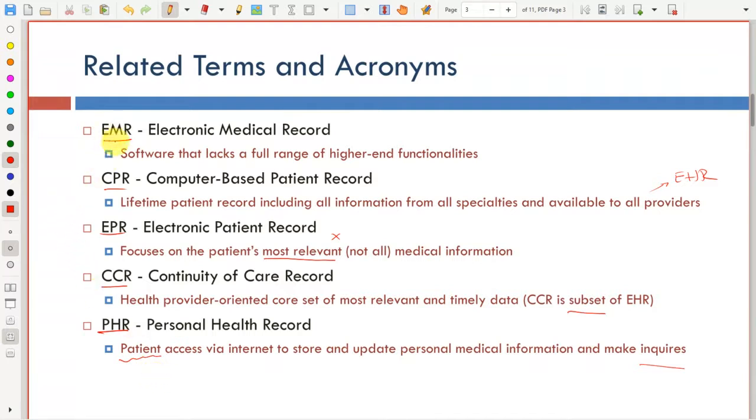So all these terminologies, in spite of their claim that they are a little different from EHR, are exactly the same. They might focus on something, but if they're going to meet the standards for EHR, they have to all have the same information. So let's just consider these as other terms that can be used to describe EHR.